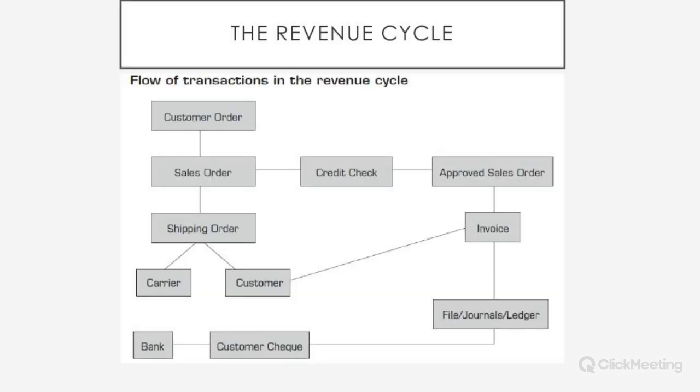So here's how the flow of transactions takes place in a revenue cycle. What you see is mainly related to the credit side of the sale, because you see a credit check here. There are two types of sales transactions, credit or cash. In terms of cash, you will straight away receive money at the time of selling products.